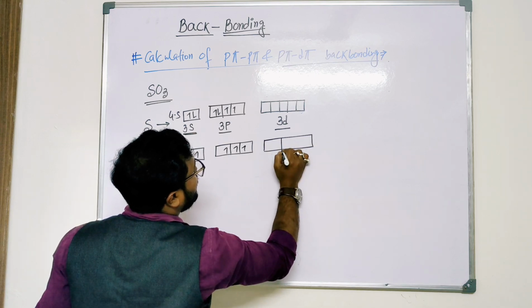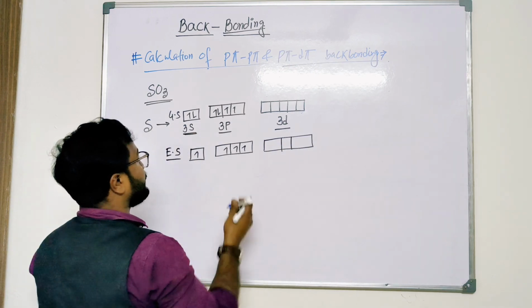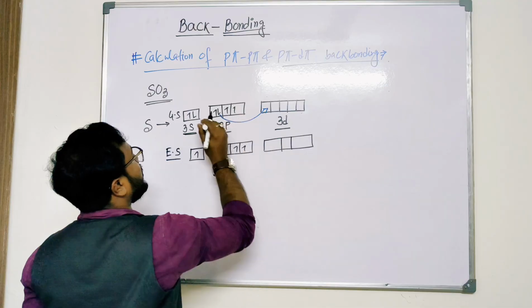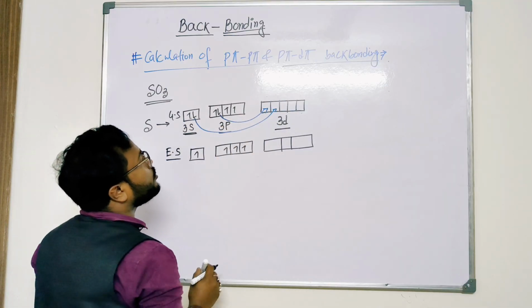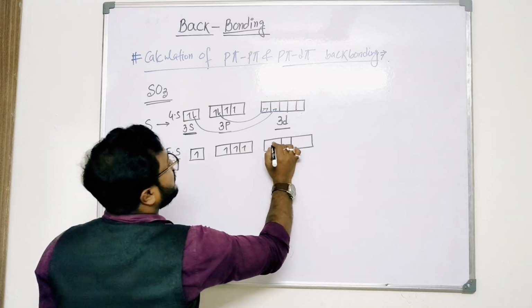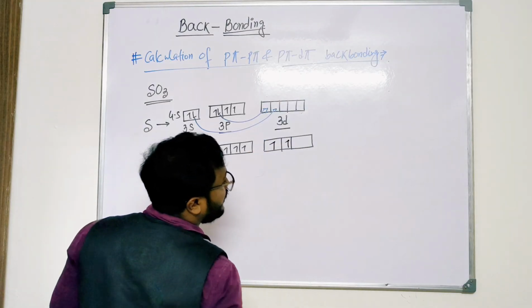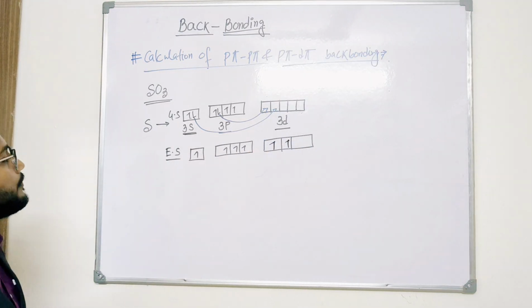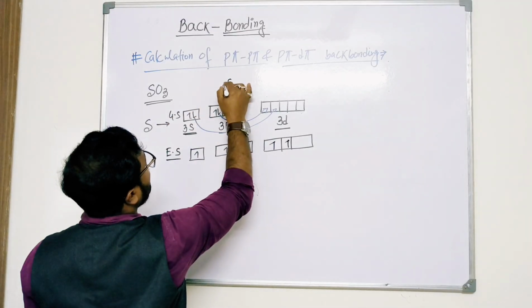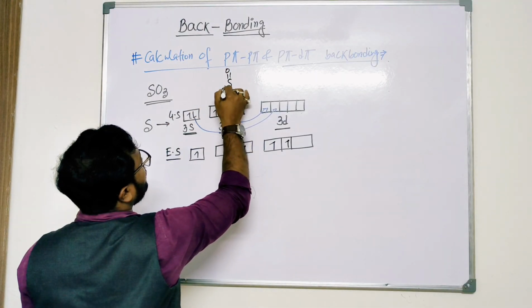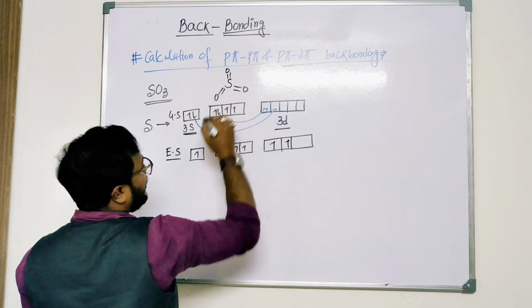In 3d orbital, two electrons jump, one from here to here, another from here to here. So two electrons are jumping to 3d orbital. So when SO3 is made, you can see the structure of SO3: S double bond O, double bond O, double bond O.